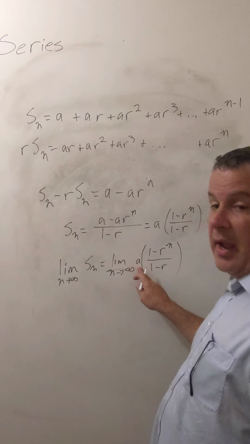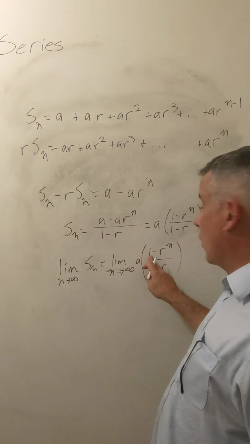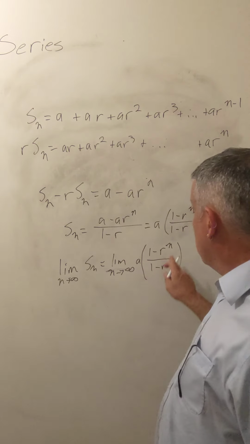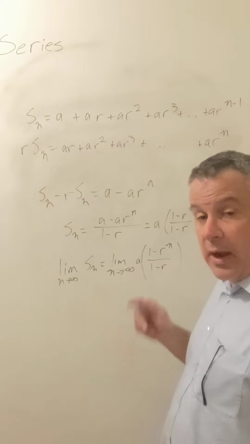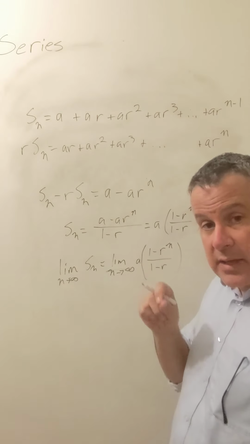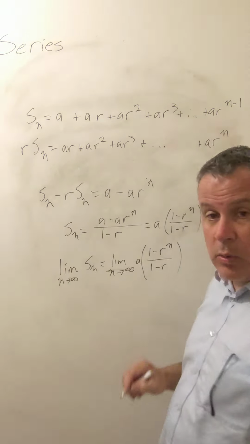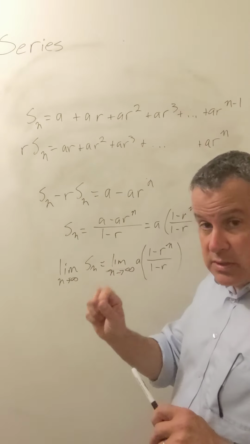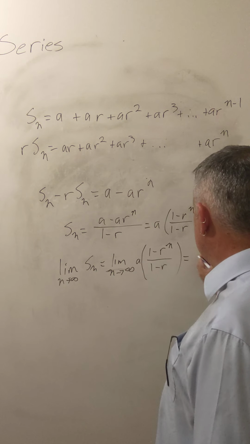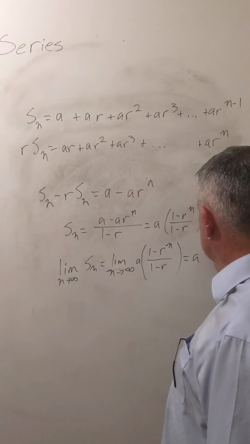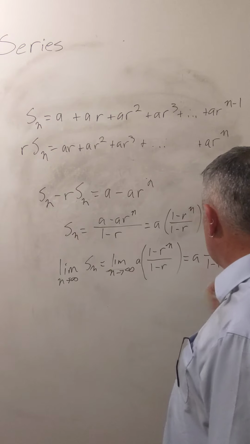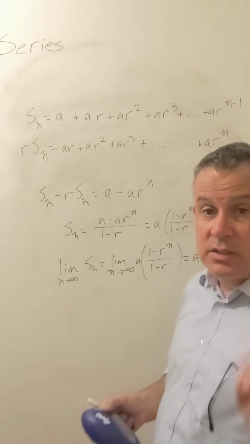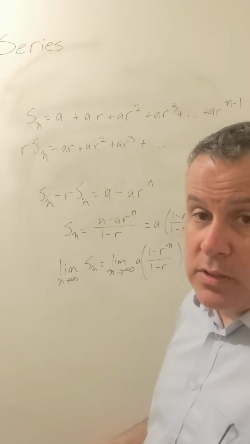The a doesn't care how big n is, 1 doesn't care how big n is, 1 minus r doesn't care how big n is, but r to the n surely does care. Now remember, we had to use an r that was less than 1, so the nth power of that, as n goes to infinity, is getting closer and closer and closer to 0. In fact, it is 0, so the limit is equal to a times 1 over 1 minus r. That is the infinite series limit for a geometric series.